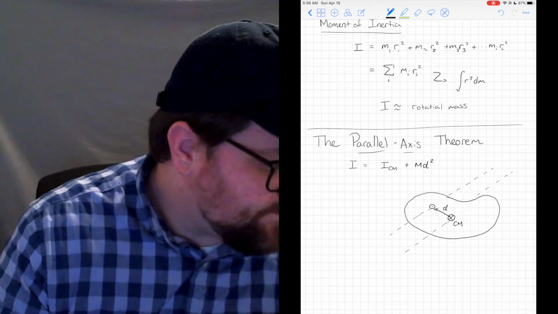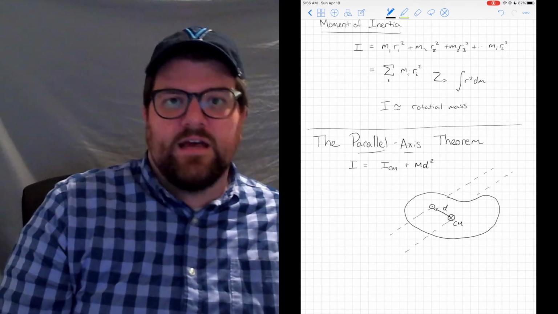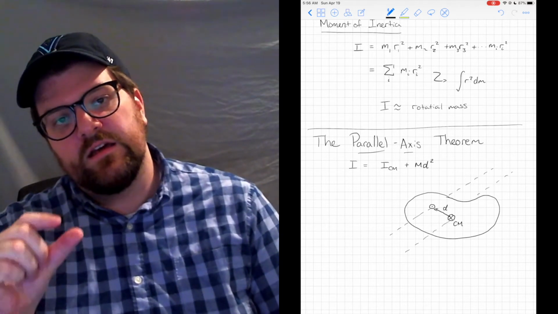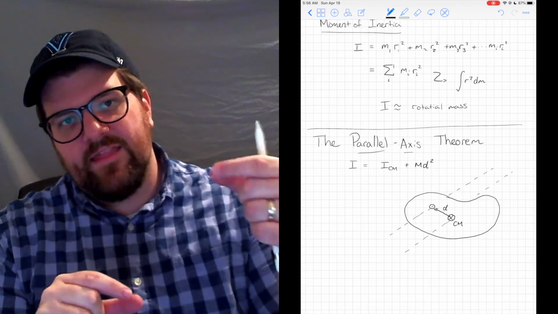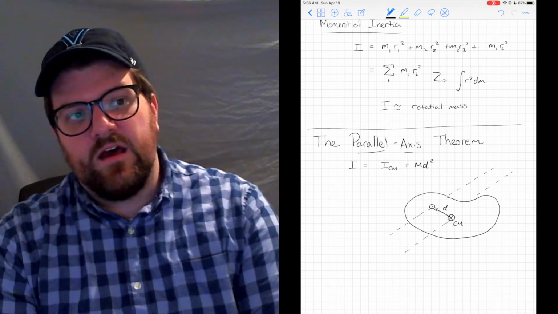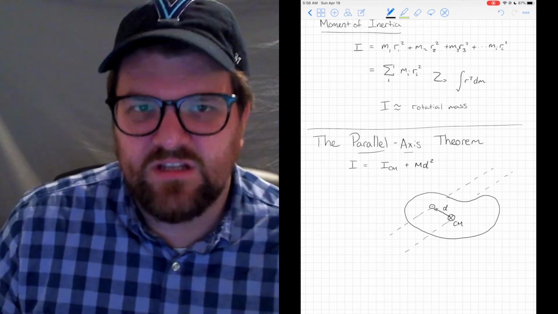And it's pretty much that simple. If I know I_CM, and I know the total mass, and I know the distance between the center of mass and that point, I can find the moment of inertia through that other pivot point, which is powerful. That's actually really, really powerful.